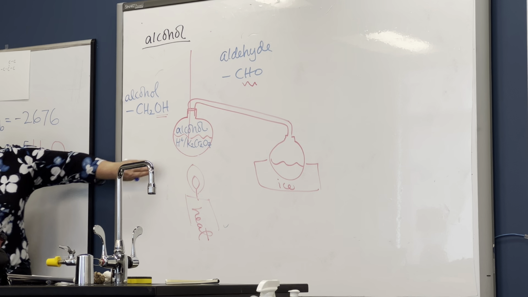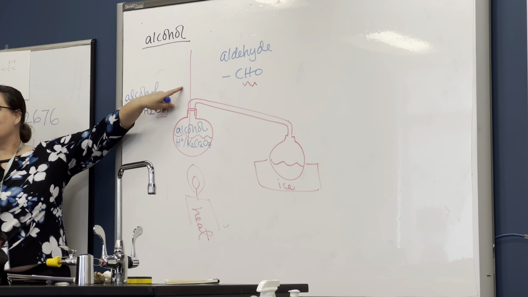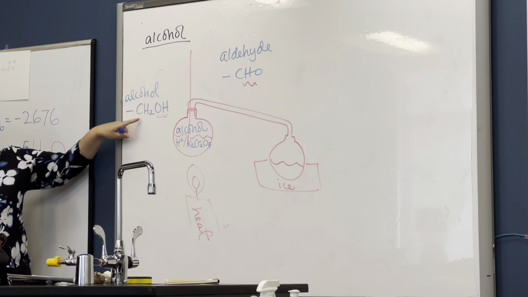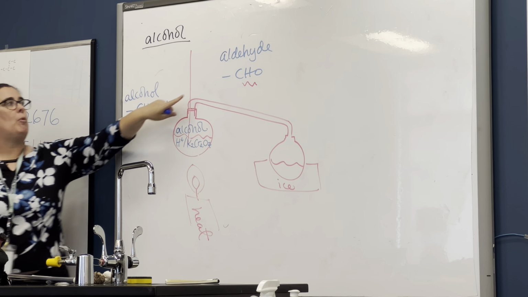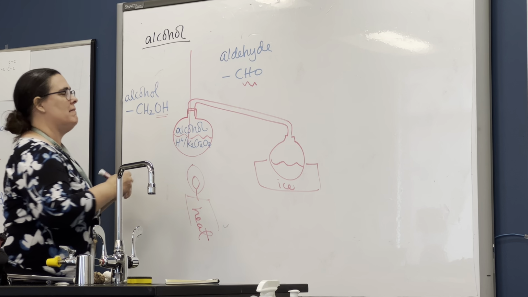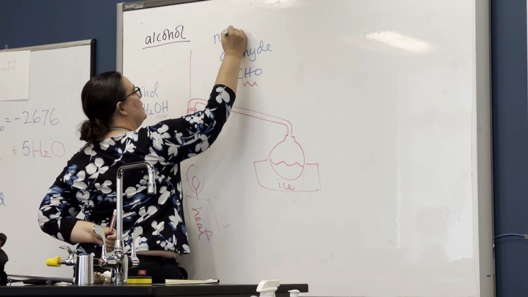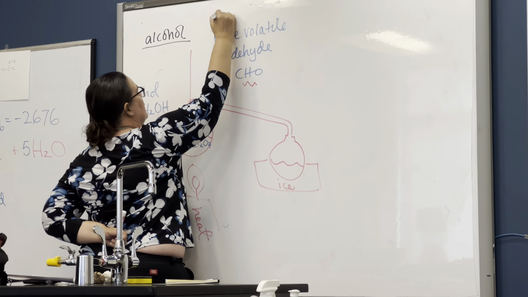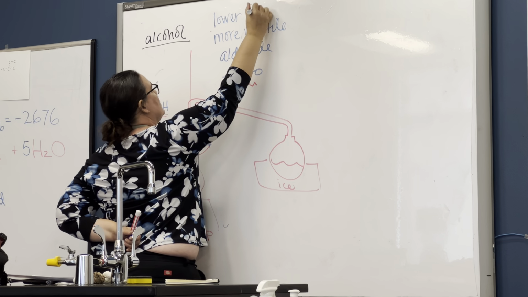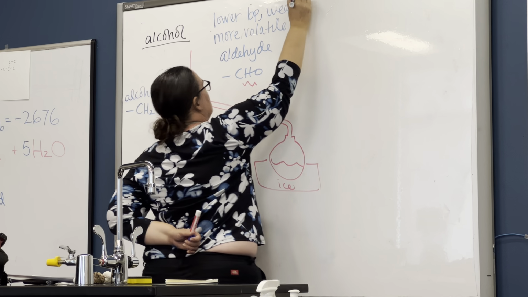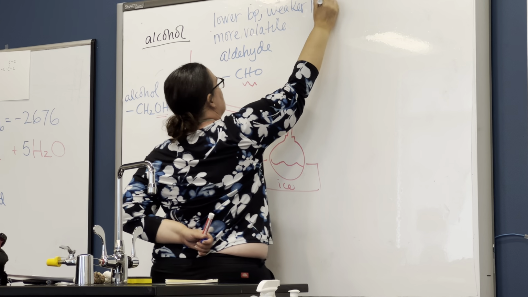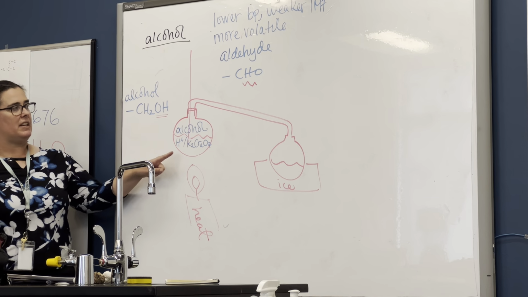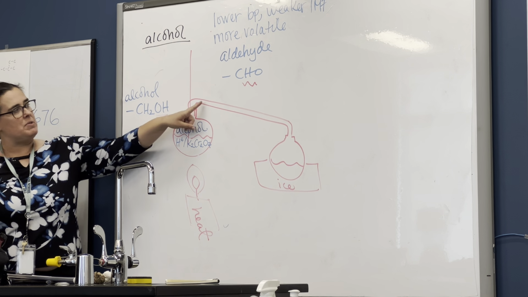So what I'm going to do is take this to a temperature, that's a really sad looking thermometer. And that temperature is going to be such that the alcohol will not boil, but the more volatile aldehyde will. And when that aldehyde boils, it's going to go into the gas phase, and go down this tube.